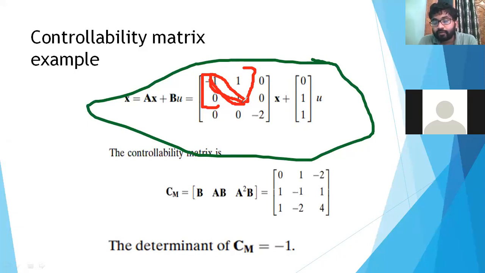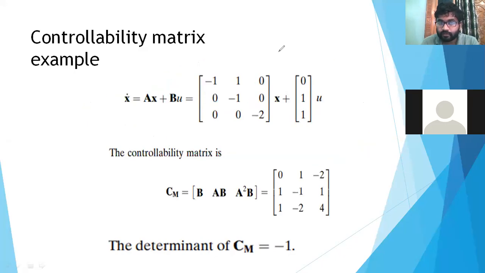And you should add one more condition now, that it should not have any repeated roots or repeated poles. Otherwise, we cannot apply controllability through inspection. So that is about controllability through inspection.